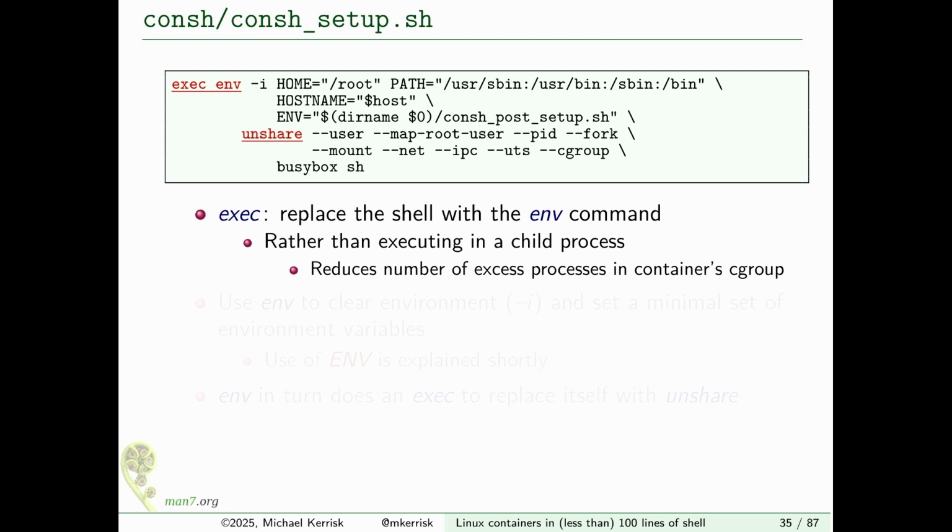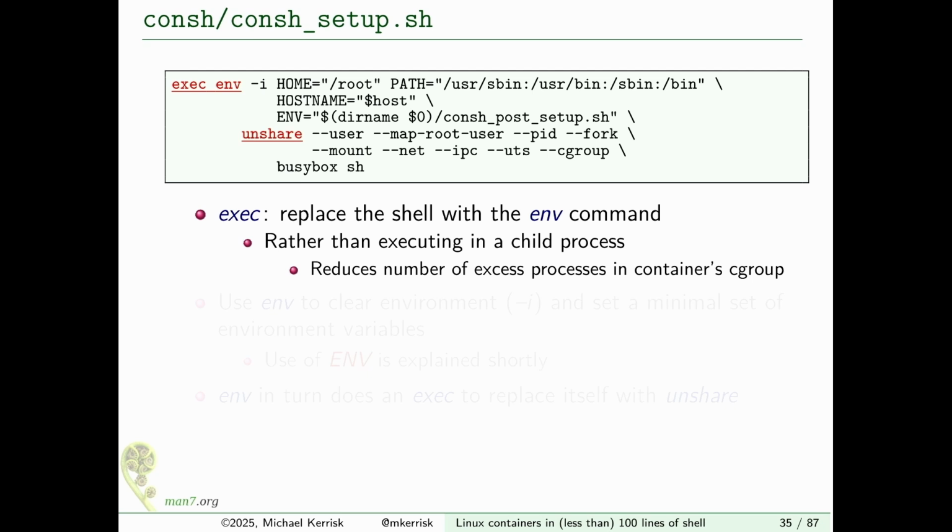Now, env is a program that does things with environment variables. And what I'm doing here is saying env -i, initialize some environment variables. I'm going to initialize the environment variable HOME to be /root, my home directory for my superuser shell that I'm going to have inside the container, and initialize PATH with some suitable list of path names.